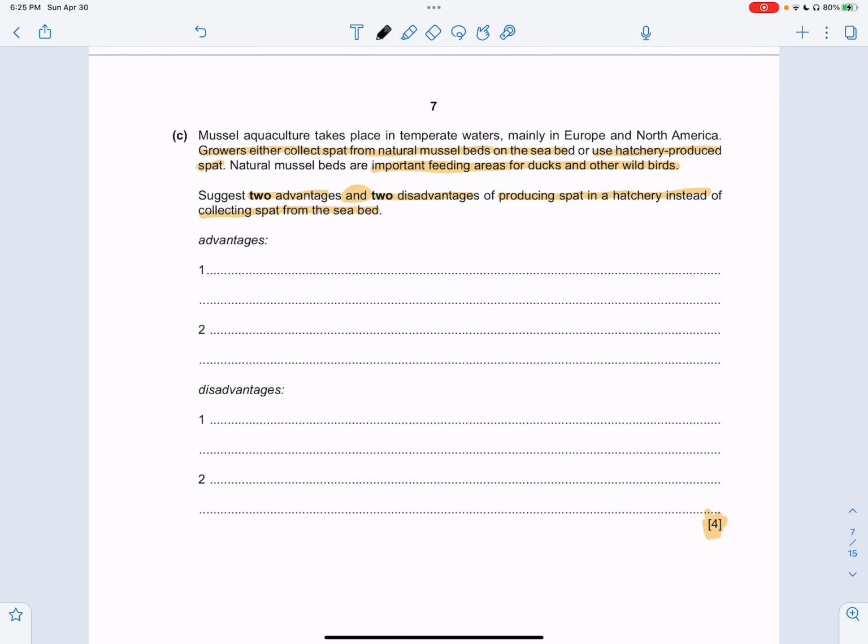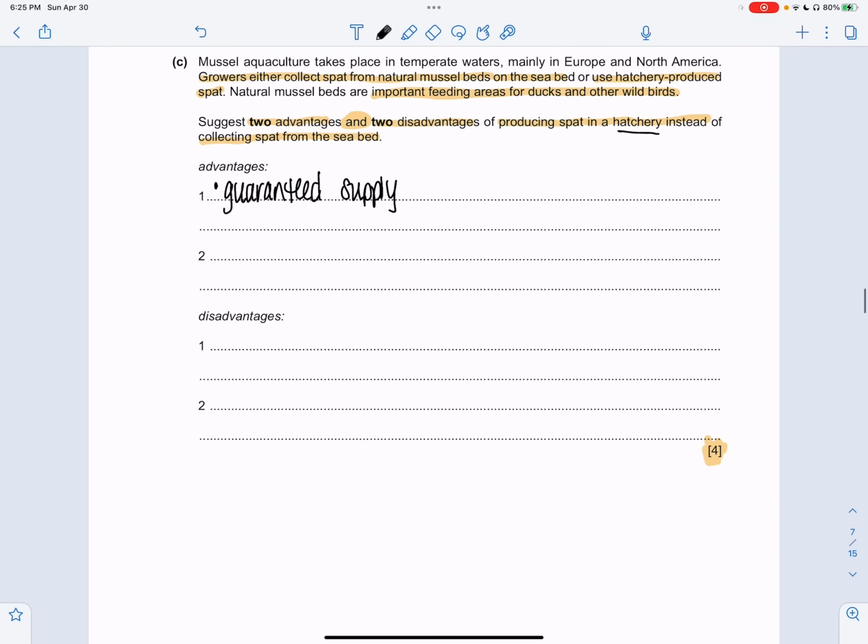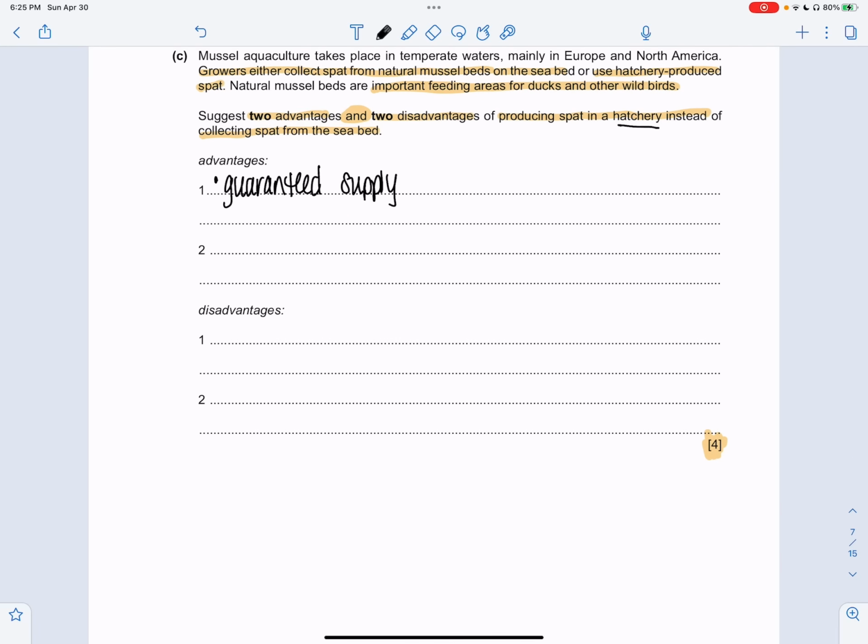Okay, so if you're producing them in a hatchery, you have a guaranteed supply. So you'll never have to worry about climate effects or environmental effects limiting your supply.